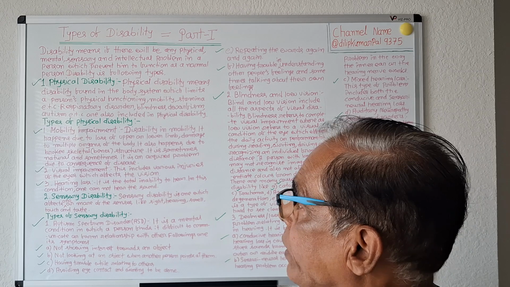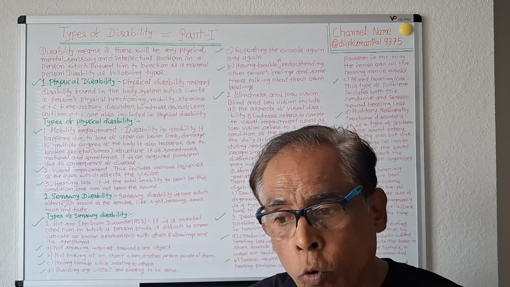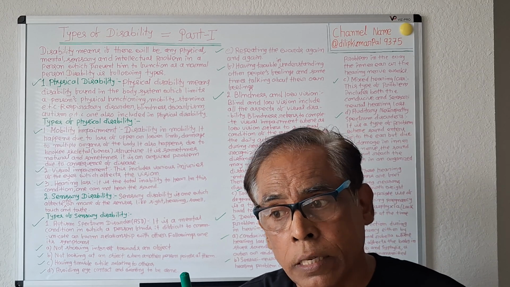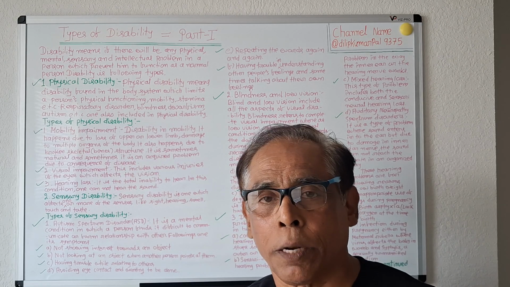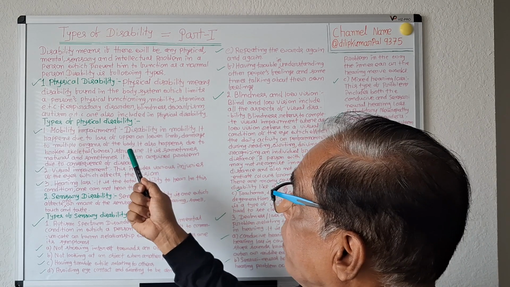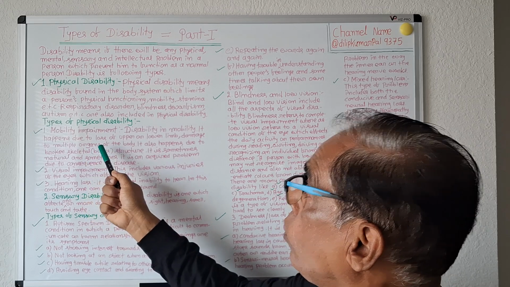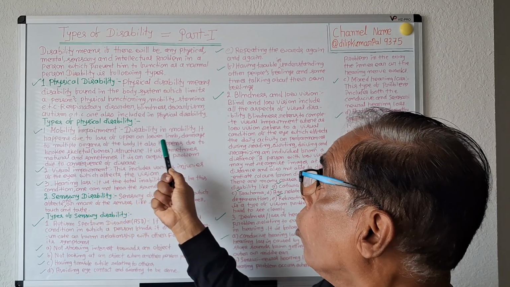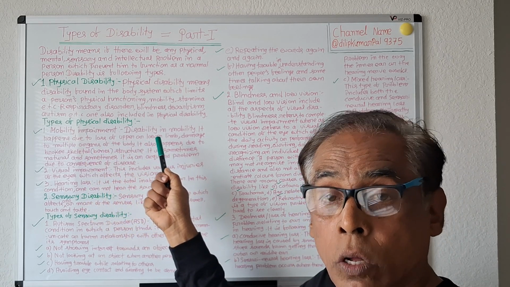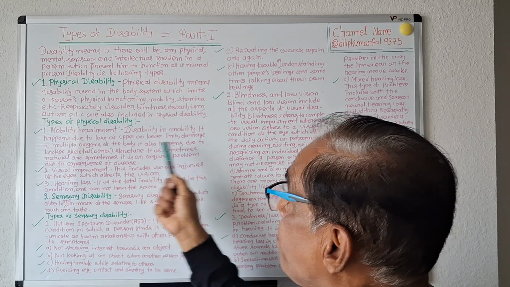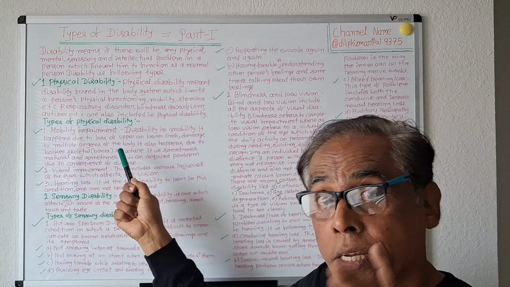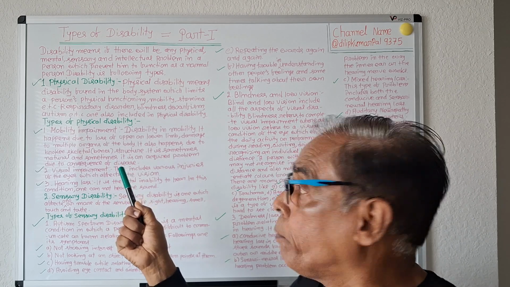Mobility impairment is a type of physical disability. Mobility impairment means whenever there is any problem in the movement of a person, and it happens due to loss of an upper or lower limb, loss of some part of the leg, or damage to multiple organs of the body.